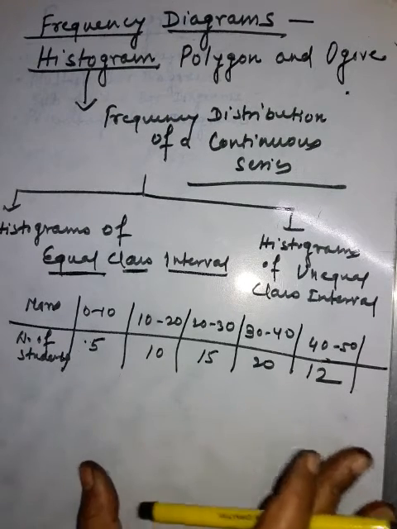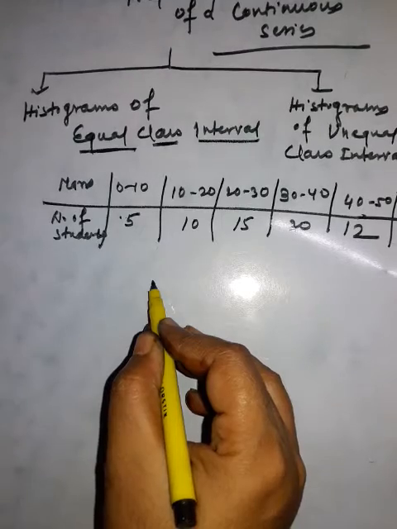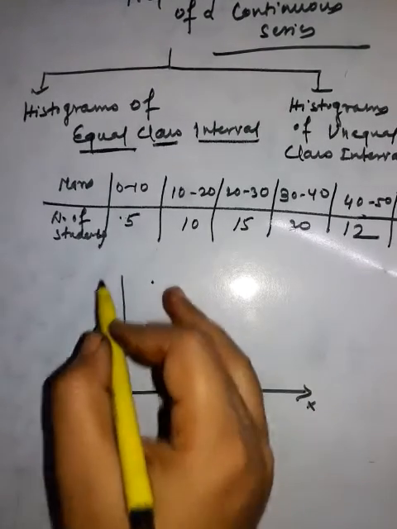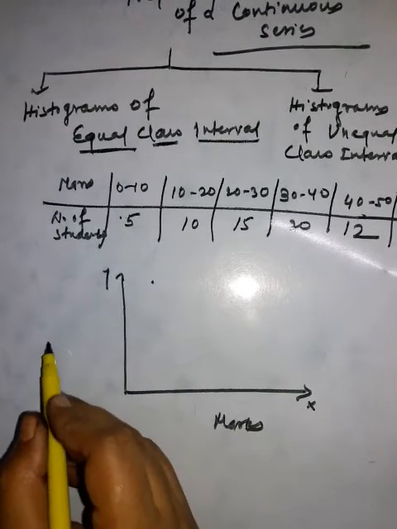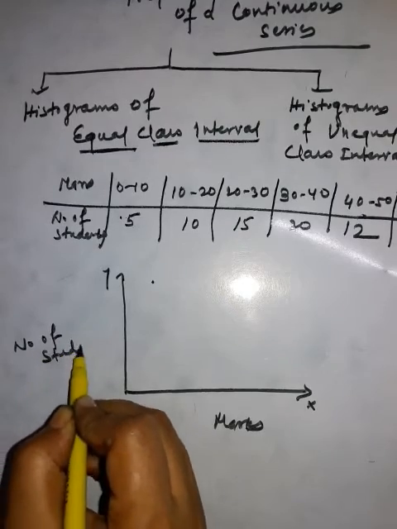Now we have to show this data in the form of a histogram. Then what will we do? First I will draw the x-axis and the y-axis. The x-axis shows marks and the y-axis shows frequency, that is, the number of students.